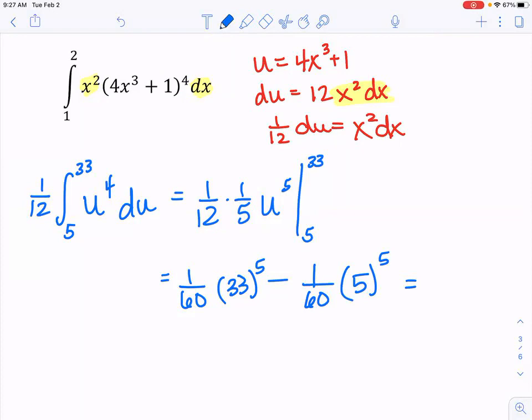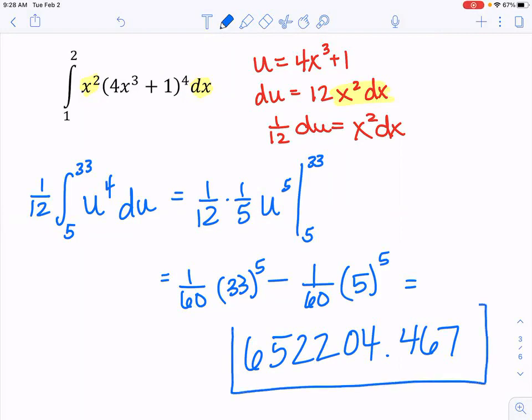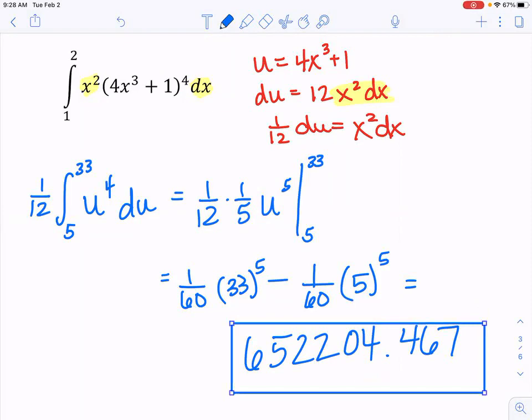So first of all, when you punch this into your calculator, what do we get? You got 6, 5. What? Is that what you got? Okay. Now, let's check our work.